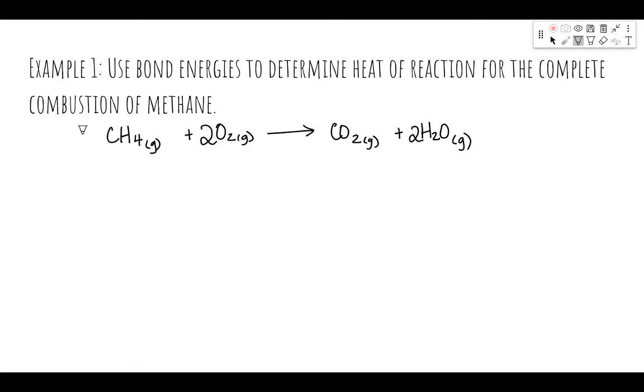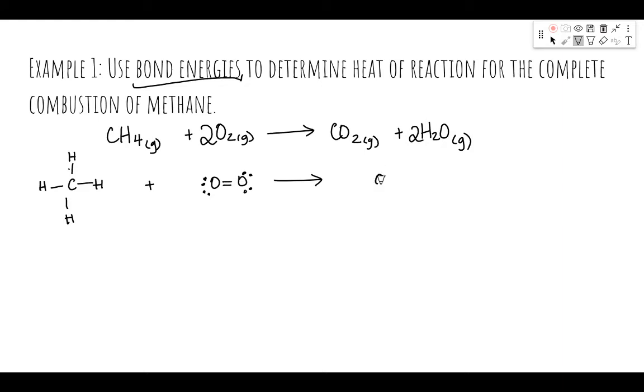Now my next step, because I know we're using bond energies, I have to draw out these structures. I know that CH4 is going to look like this, so C surrounded by 4 single bonds with hydrogen, plus I know that O2 is going to be 2 oxygens bonded together. Each one has 2 lone pairs.